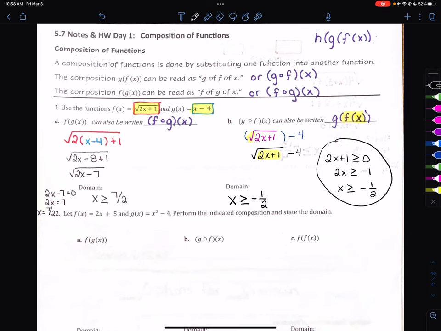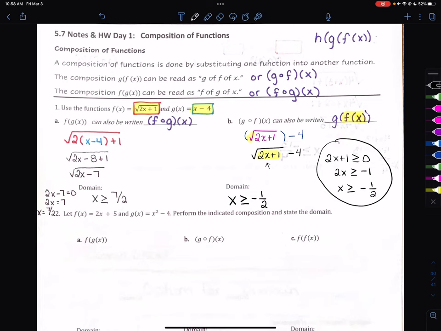x can be any number greater than or equal to negative 1/2, but cannot be a number less than negative 1/2. So x could be 0, but x could not be negative 1. The reason is that if I put a negative 1 right here, 2 times negative 1 gives me negative 2. Negative 2 plus 1 gives me negative 1. And I cannot take the square root of negative 1.